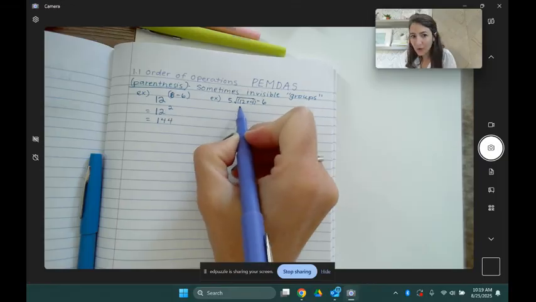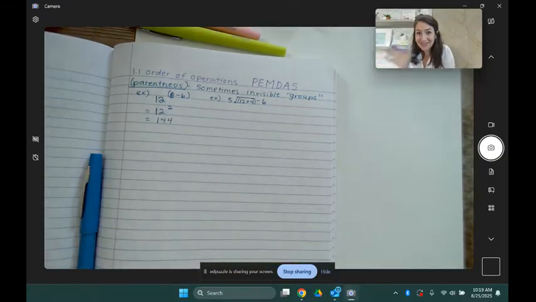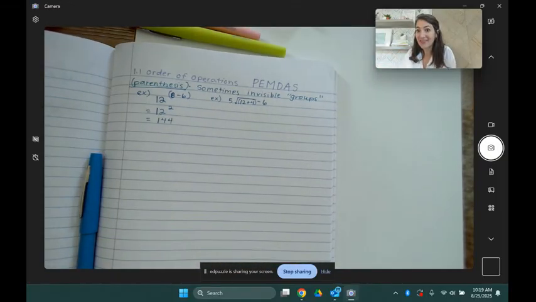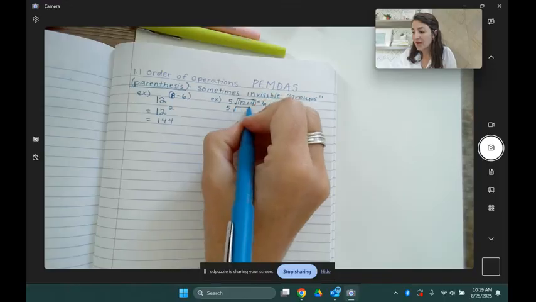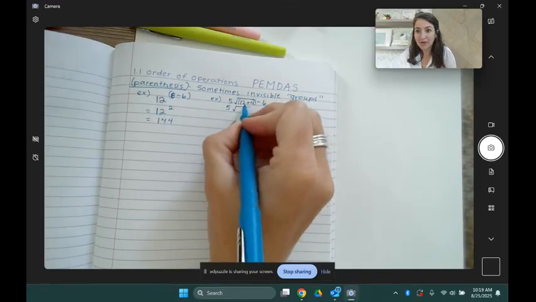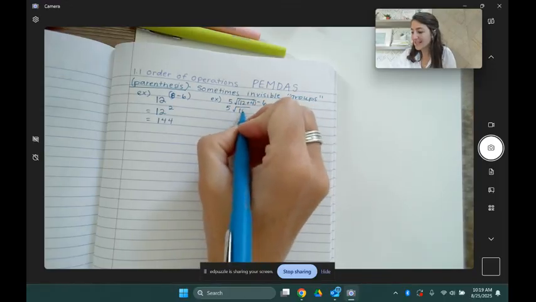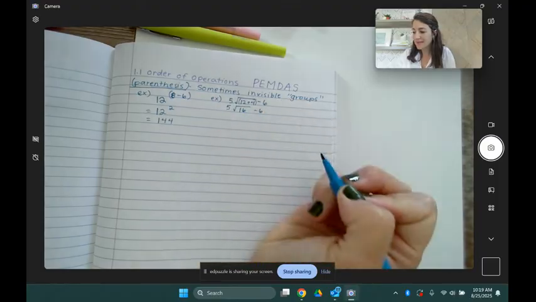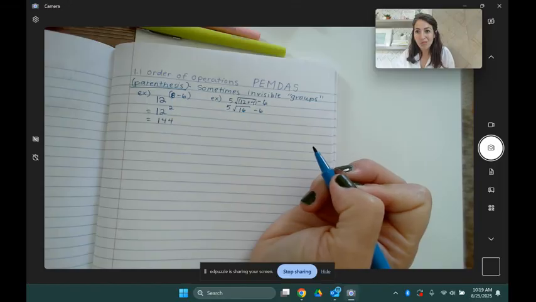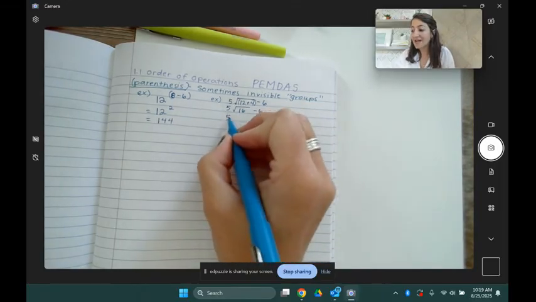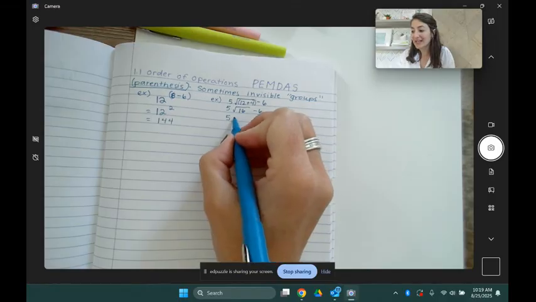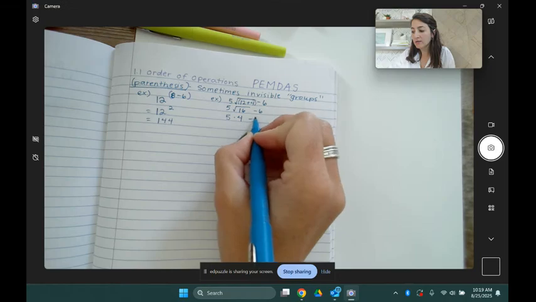Even though there are no physical parentheses, there kind of is a grouping there. So I'm going to simplify them first. 5 times the square root of 12 plus 4 is 16 minus 6. And then the square root of 16, or what times itself is 16, is 4.